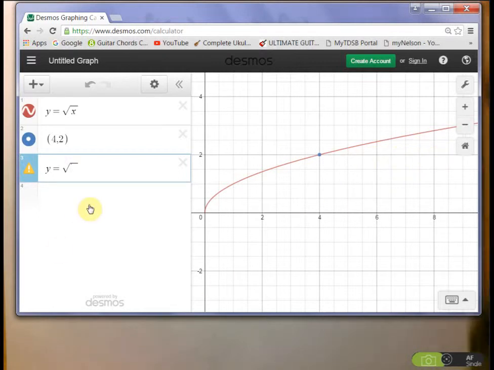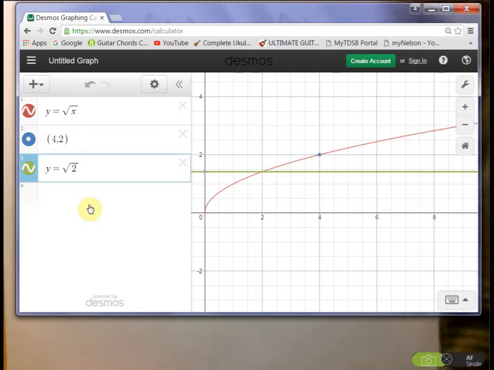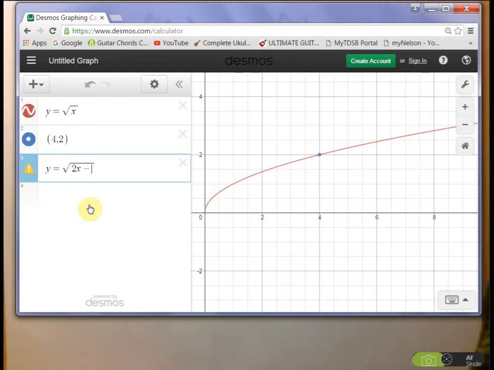But when we put in 2x minus 6, we see that that's not the effect. We see that the curve hasn't been moved to the right by 6 units, but it looks like it's only been moved to the right by 3 units. So we're going to have to explain this apparent discrepancy in what we're seeing.